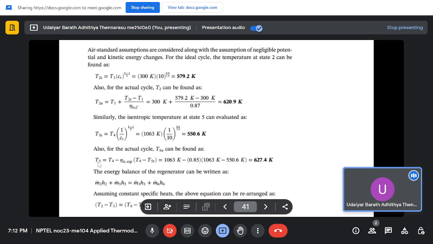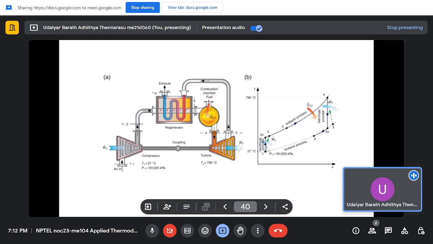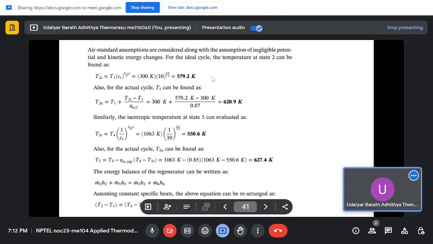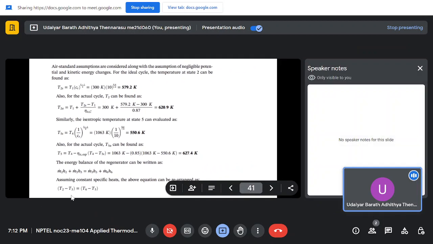Now at state 5, the temperature will become 627.4 Kelvin. Then you do an energy balance across the regenerator. We know that m dot into (h3 minus h2) will equal m dot into (h5 minus h6). Now converting that into temperature will give me T3 minus T2 equals T5 minus T6.